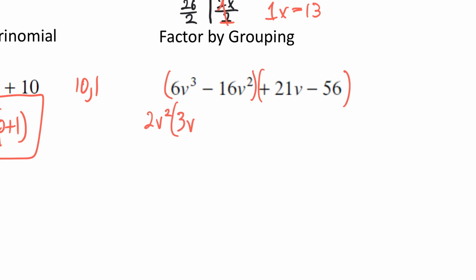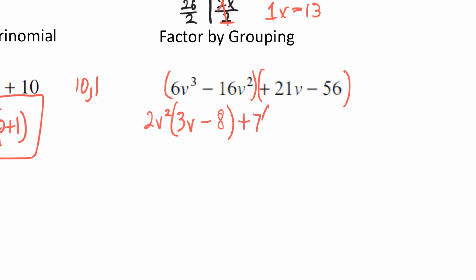A 3v. Right, 6 divided by 2 gives me a 3, and a v cubed divided by v squared just leaves a v to the first, or just v. All right, and then negative 16v squared divided by 2v squared leaves what? Negative 8.